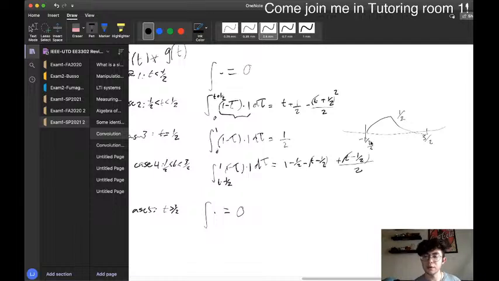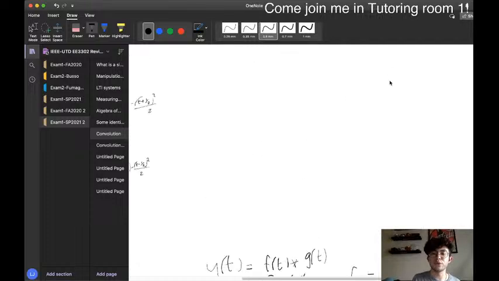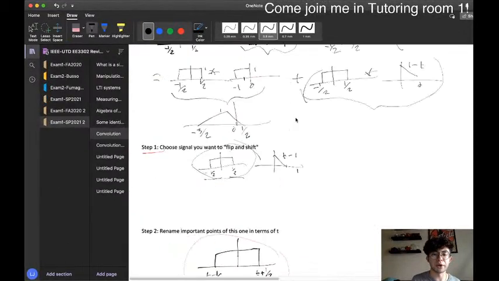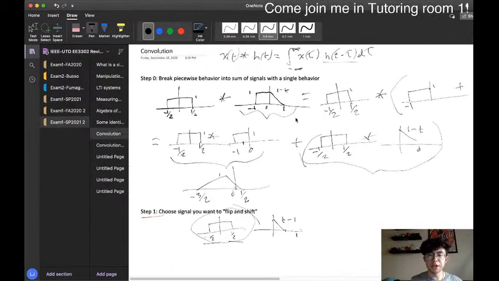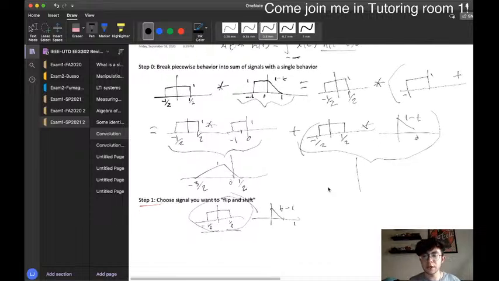And then this is going to have a maximum value at t equal to 1/2. So our y-axis goes here. So that's it. That's our output here, y of t, of these two functions that we broke apart. So essentially, we got this.